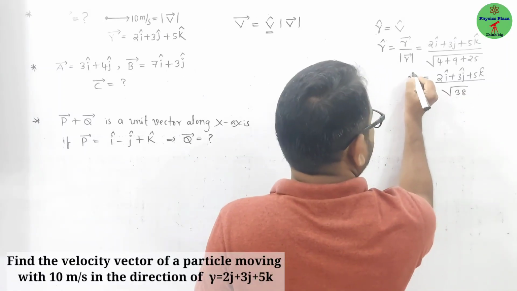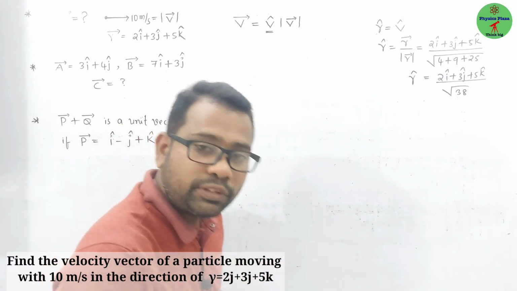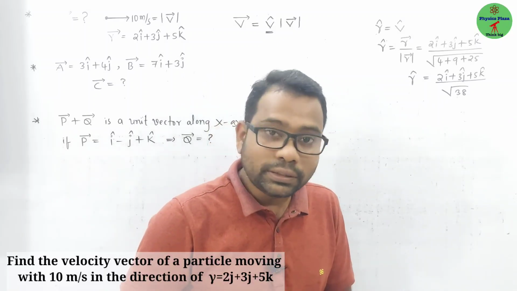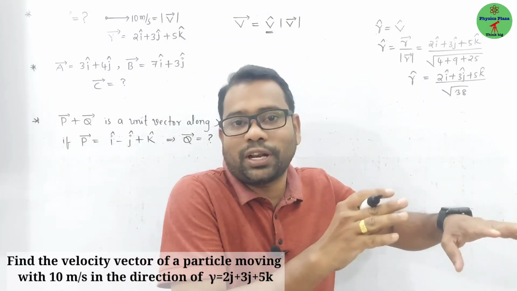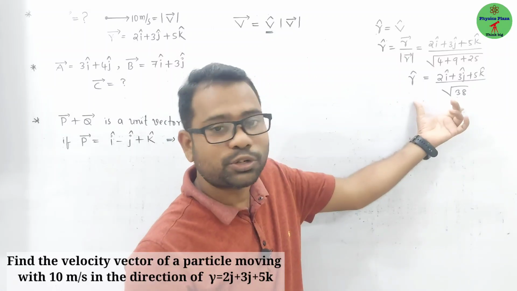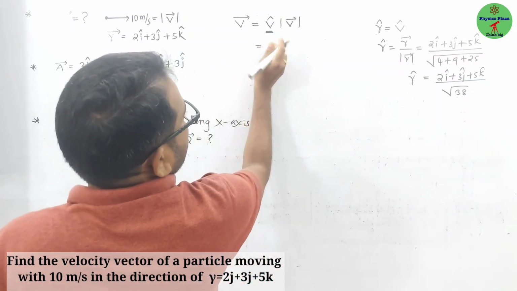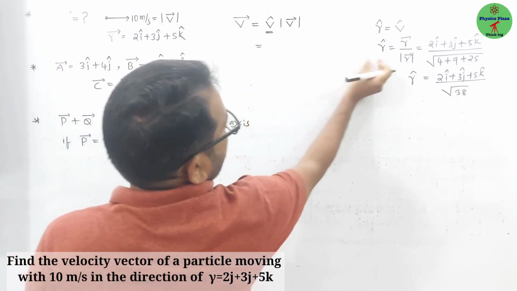So this is, children, the unit vector of the position vector, the so-called displacement vector. But here they are asking us to calculate in that direction only, right? So the direction of the velocity is also in this direction only. So the unit vector will be the same. So in the place of v unit vector, you can write r cap.